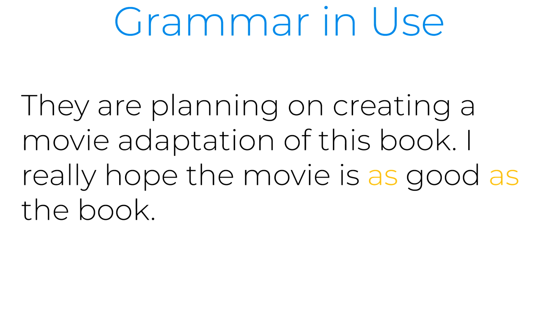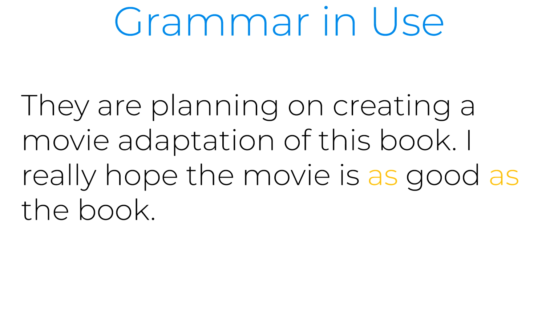Now let's go through a few examples on the screen so that everything becomes much clearer. We'll talk about these examples as we go through them. They are planning on creating a movie adaptation of this book. I really hope the movie is as good as the book.